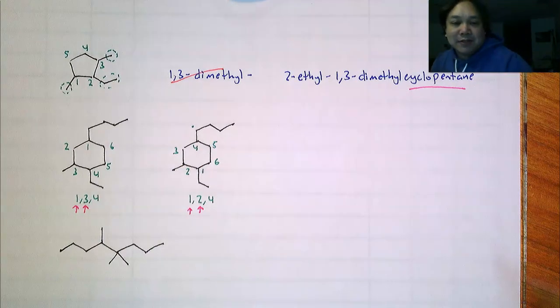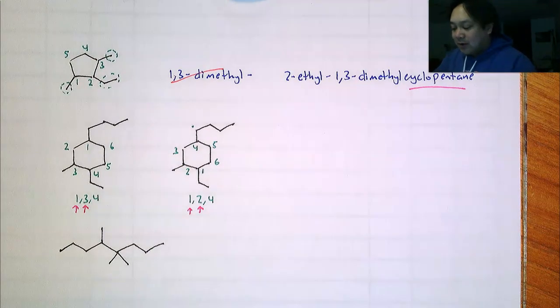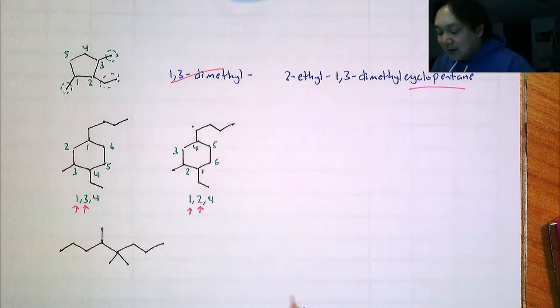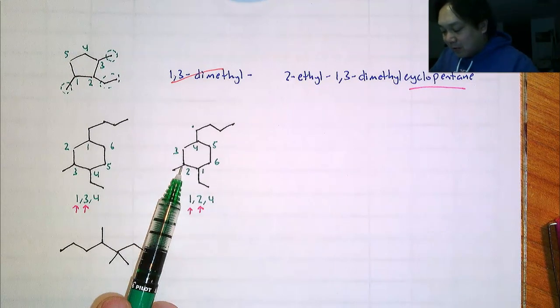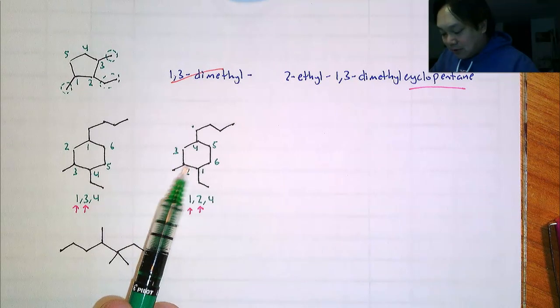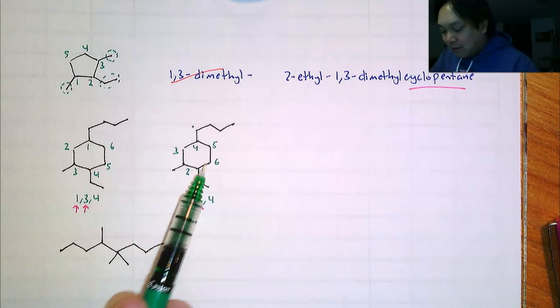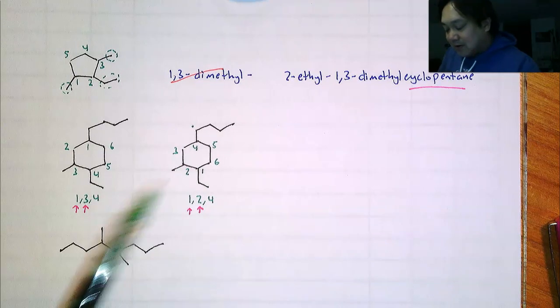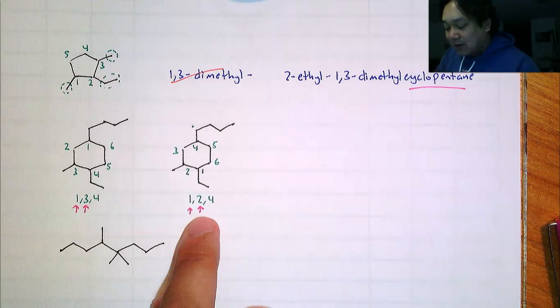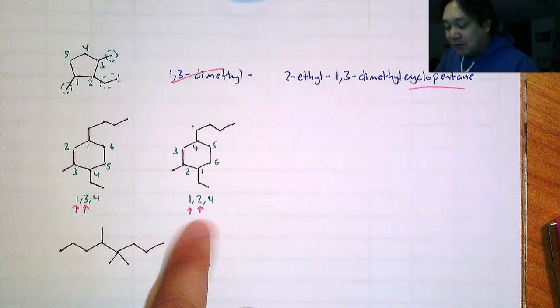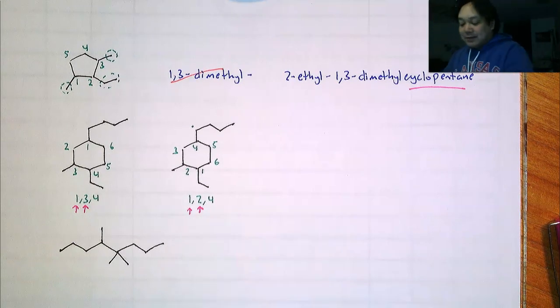Now, I'm concerned, is there another 1, 2, 4 numbering that I missed? If I start 1 here, it would be 1, 2, and 5, which is not better than 1, 2, 4. Okay, this is the winner.